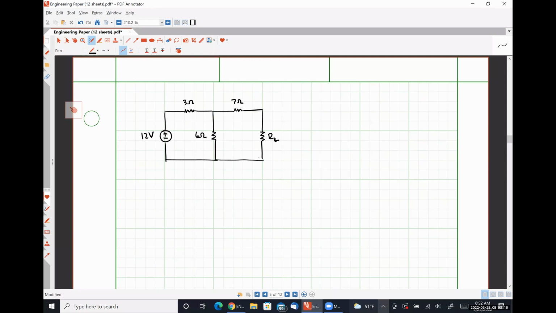So I'm going to break this circuit down into two questions. Question number one. What value of RL will cause the remainder of the circuit to deliver the most power?